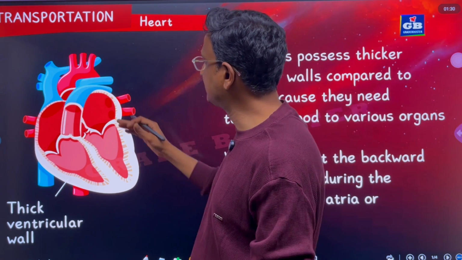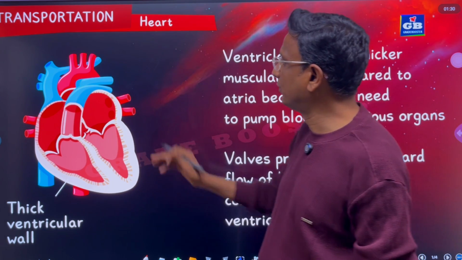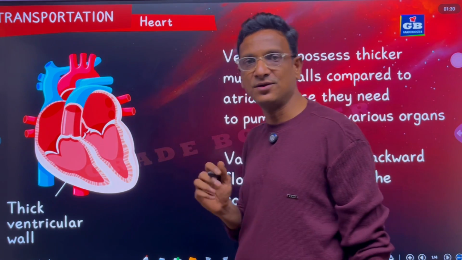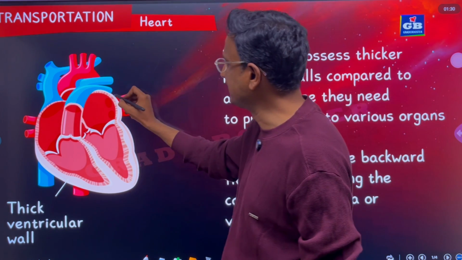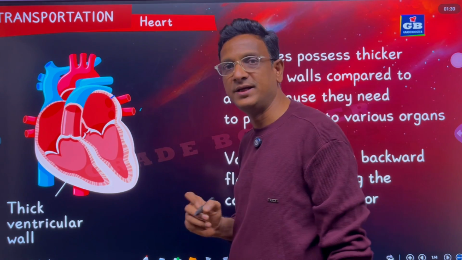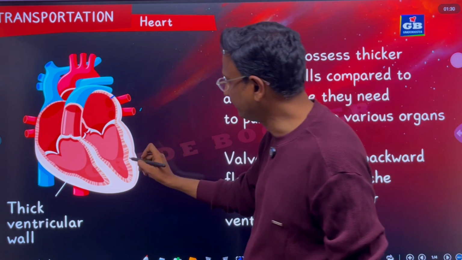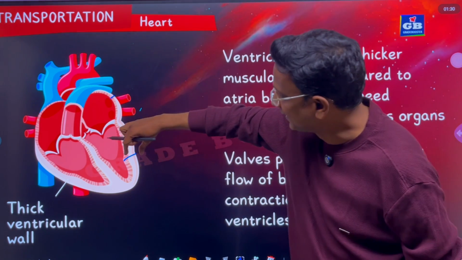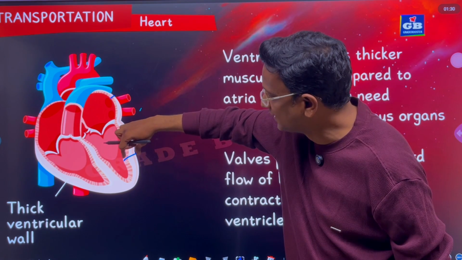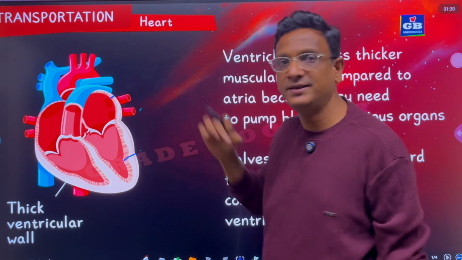Now let us explore the other features of the human heart. This is one more picture showing the internal structure of the heart. Here we can observe the thickness of the walls of the atria and ventricles. The walls of the atria are thin, whereas the ventricles are much thicker. You can see thick walls are present for the ventricles.